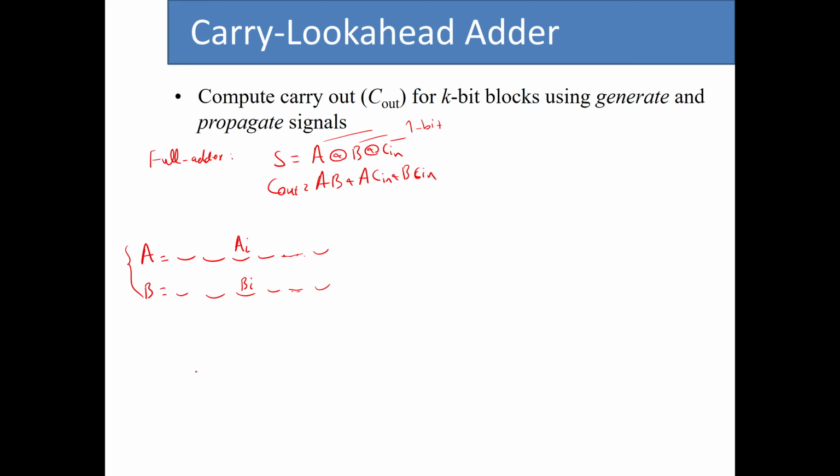Even though we may not know what the values are for the previous bit or the bit after that, we know that if AI and BI are both 1s, we generate a carry. And this is not dependent on the values before AI and BI.